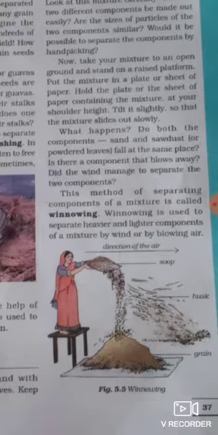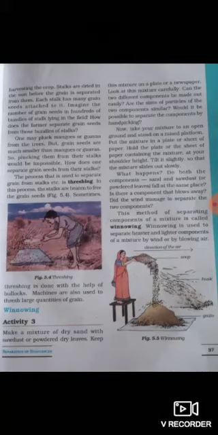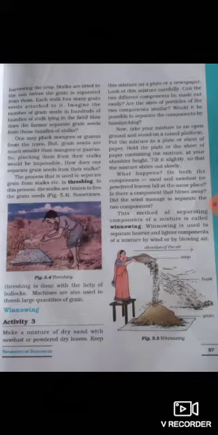It will be carried away by the wind and form a heap at some distance. Whereas the heavier particle, that is the grain, being heavier, will settle down here only and form a heap like this. So this is how by the process of winnowing, by the action of wind, the husk and grains are separated. The lighter and the heavier components are separated.